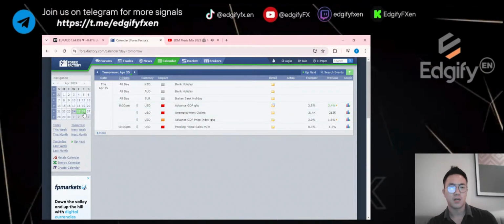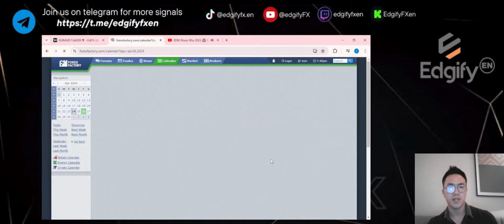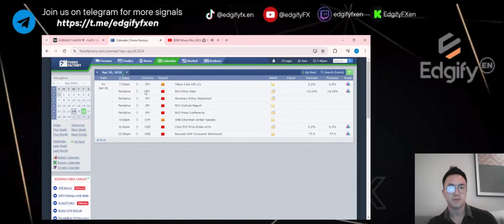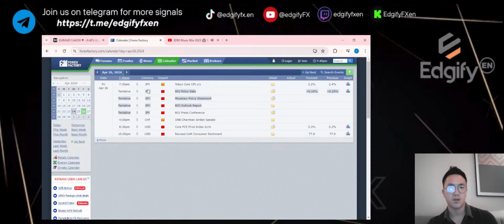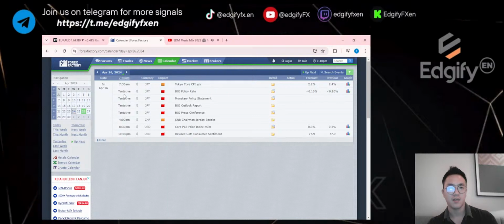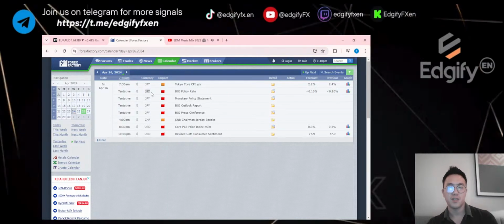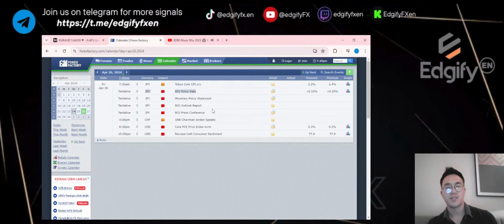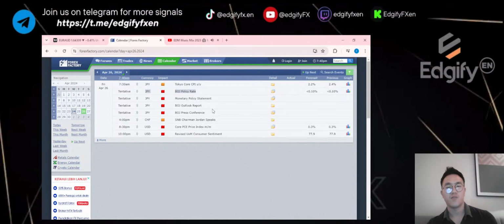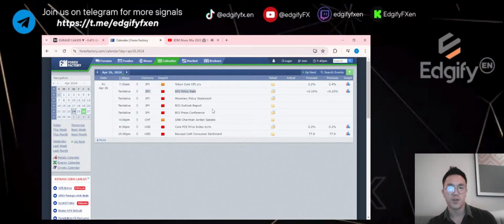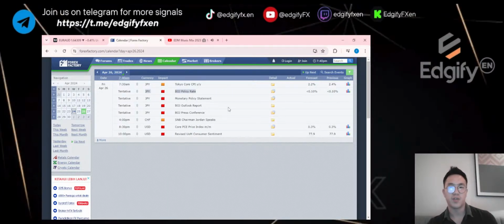On Friday, this is what we want to look at: all this red folder, which is JPY. The problem with the yen pairs is that if we can get the trade in as soon as possible, we'll take it, otherwise we will avoid it, because we don't know how it's going to react.